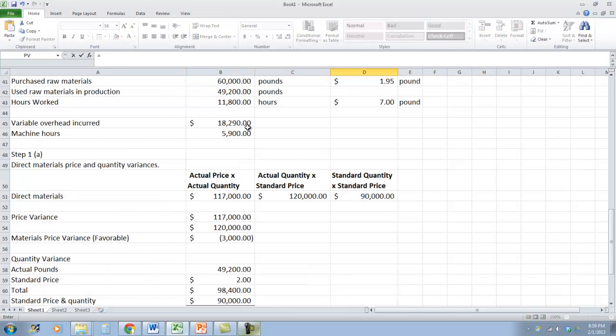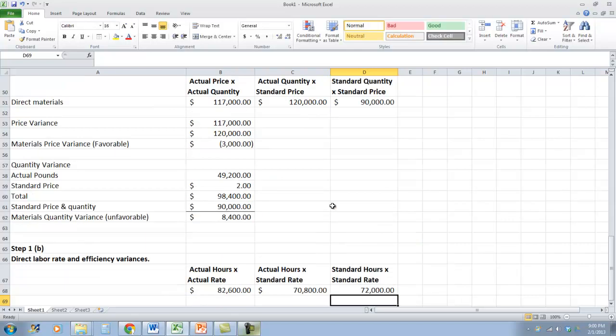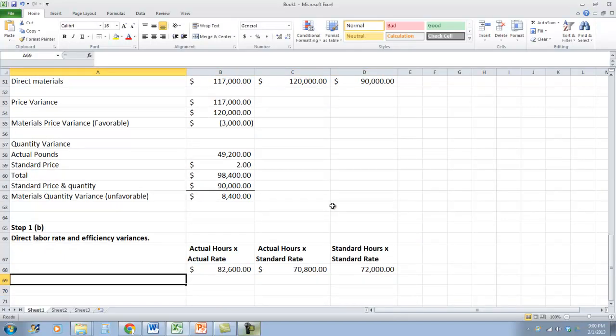And standard rate times standard hours: our standard rate is $6 an hour, and to find our standard hours, we need to take the 15,000 pools and multiply it by the direct labor rate here, hours, 6.8, and it should be 72,000.